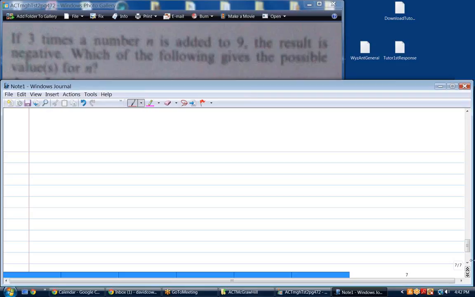Well, let's take that first sentence and see if we can write an equation or an inequality. What's it going to look like? So would it be 3n plus 9? The result is negative. What's that going to mean?